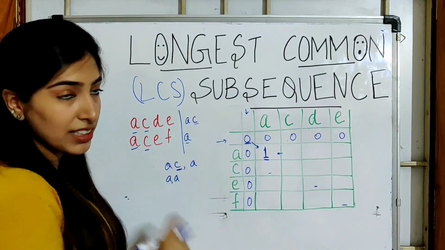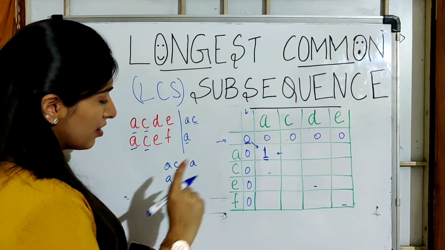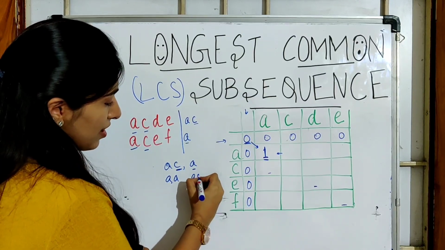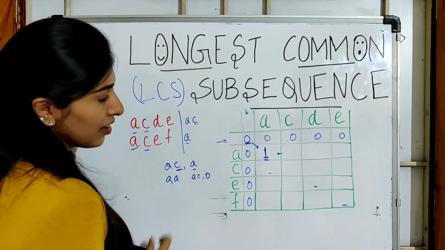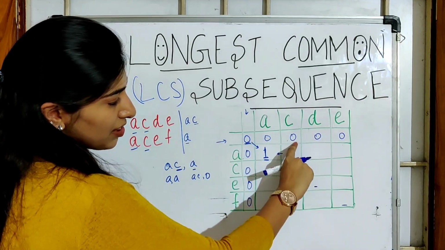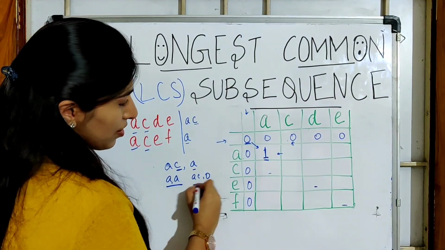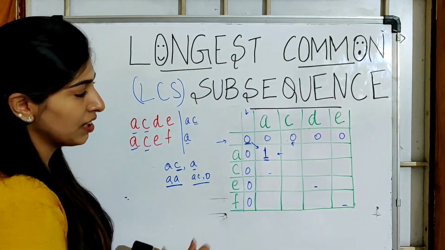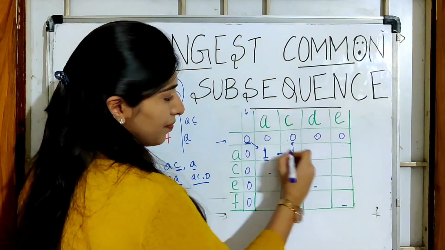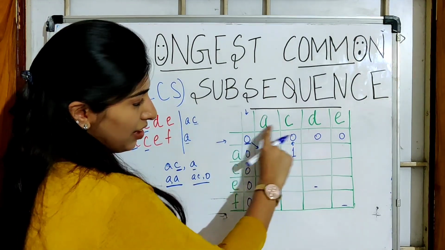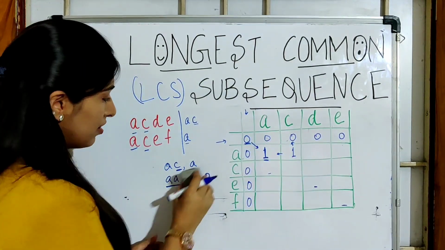So this is one subproblem. Another subproblem is if we do not include this A, that will be AC and empty string. AC and empty string is denoted by this. So the maximum of these two subproblems will be our answer for this subproblem, which is 1. Make sense? What will be the answer for A and AC? That will be 1 only.